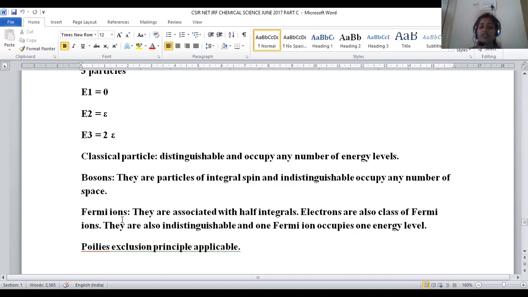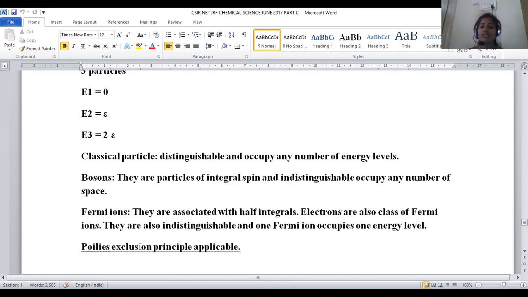What is Pauli's exclusion principle? Pauli's exclusion principle states that no 2 electrons will contain all 4 quantum numbers equal. Each and every electron is unique in nature; even if 3 quantum numbers are equal, the 4th quantum number will differ. So no 2 electrons are able to have 4 quantum numbers equal.